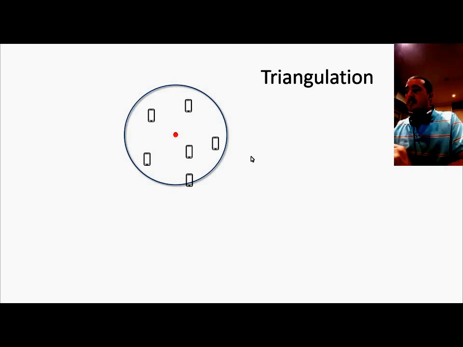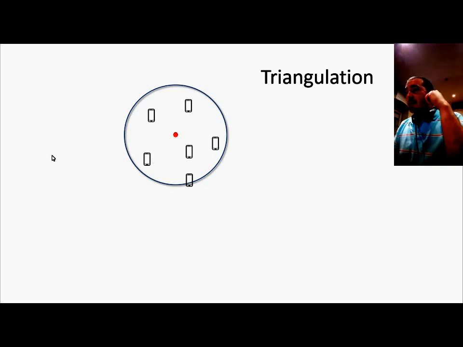Let's imagine that cell tower can see my phone, or my phone can see the cell tower. If this cell tower has a radius of detectability, let's call it 10 kilometers, let's use metric, then if my phone can only see that cell tower, all that Google knows is that I'm somewhere within 10 kilometers of that tower, but I could be anywhere within that 10 kilometer radius.